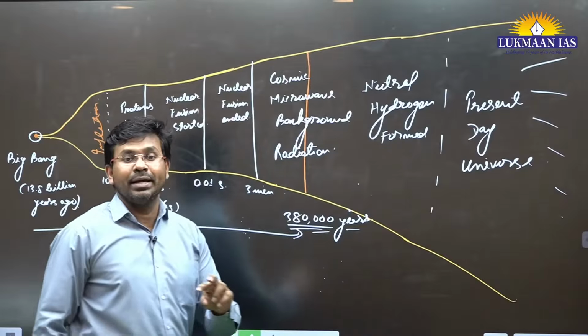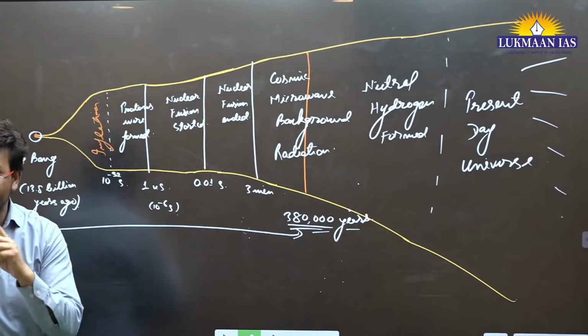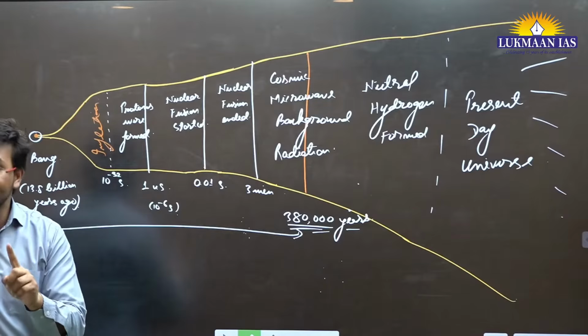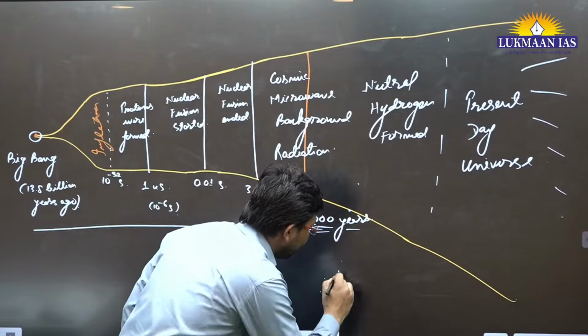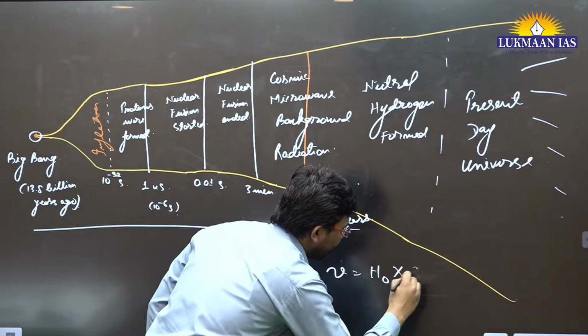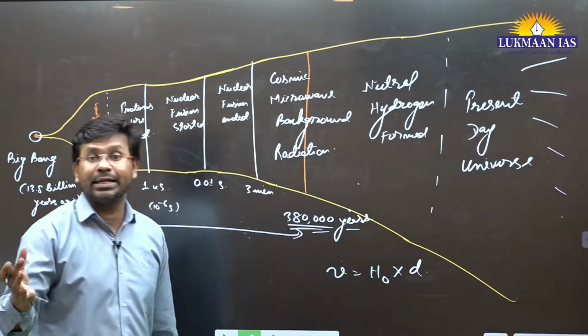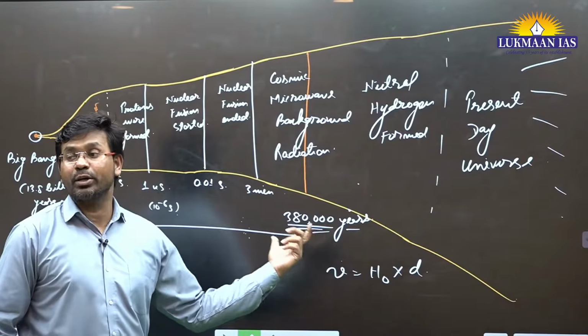So that's why Edwin Hubble gave a law: V is equal to H naught into D. Edwin Hubble said that V equals H naught into D. This is considered a fundamental law in observational cosmology.